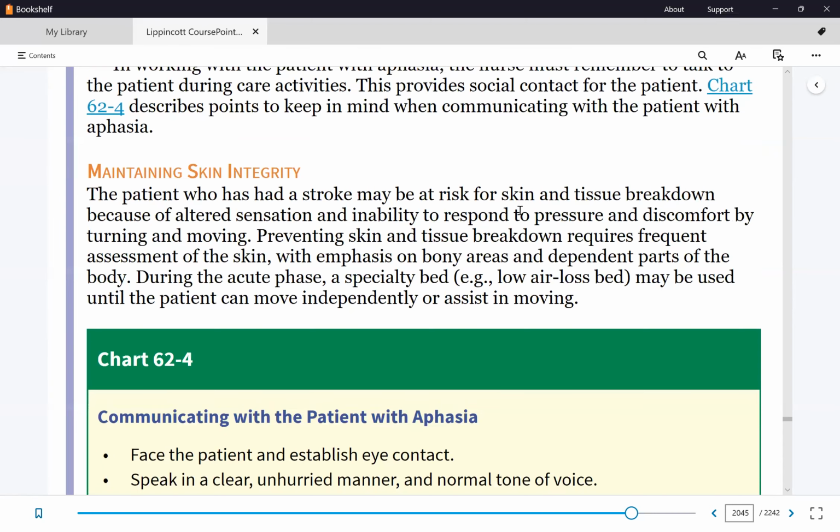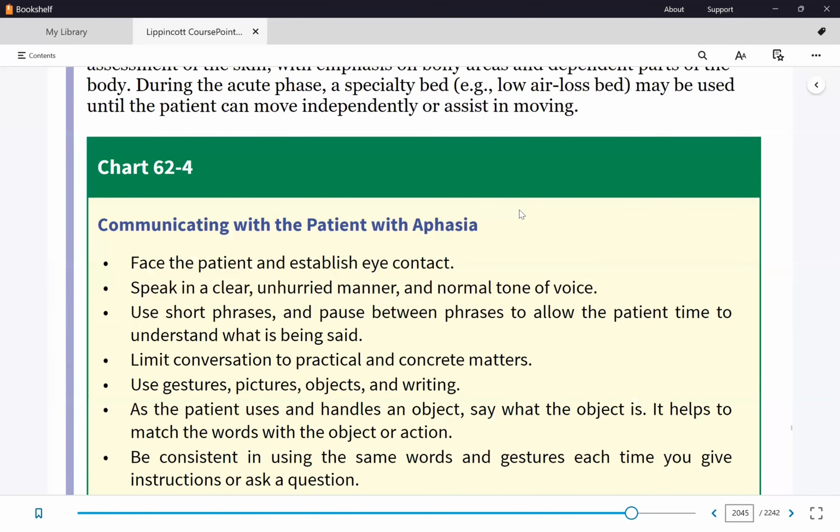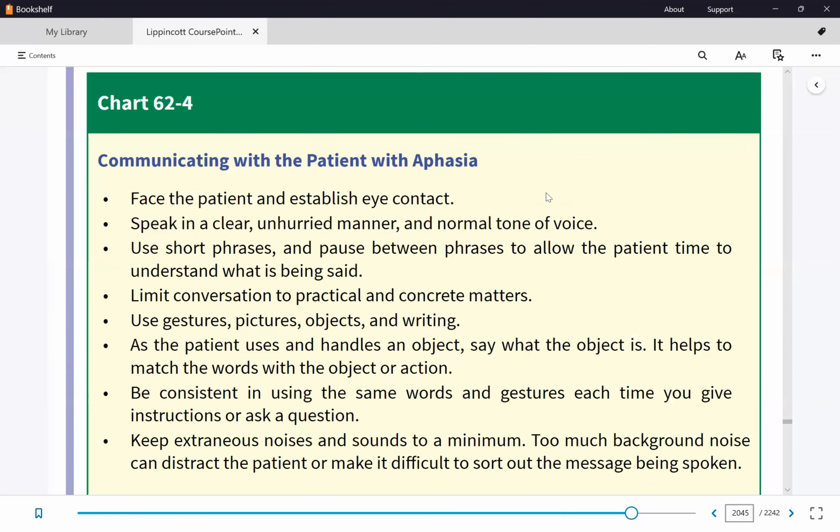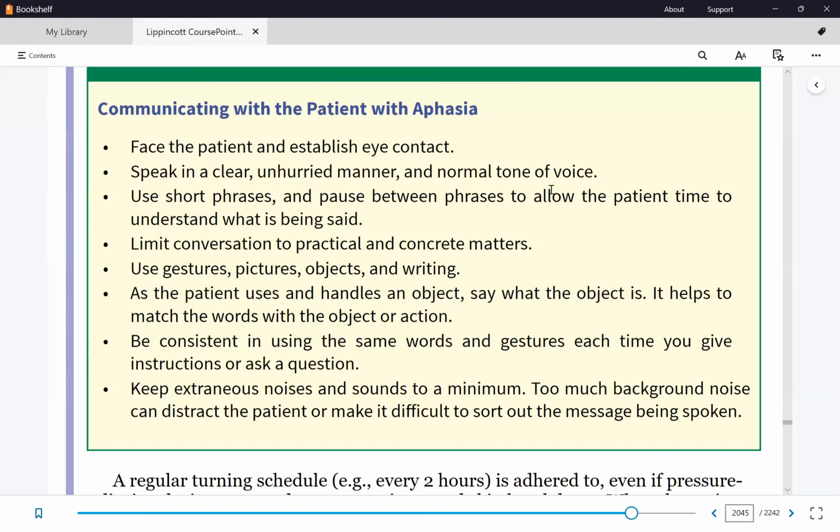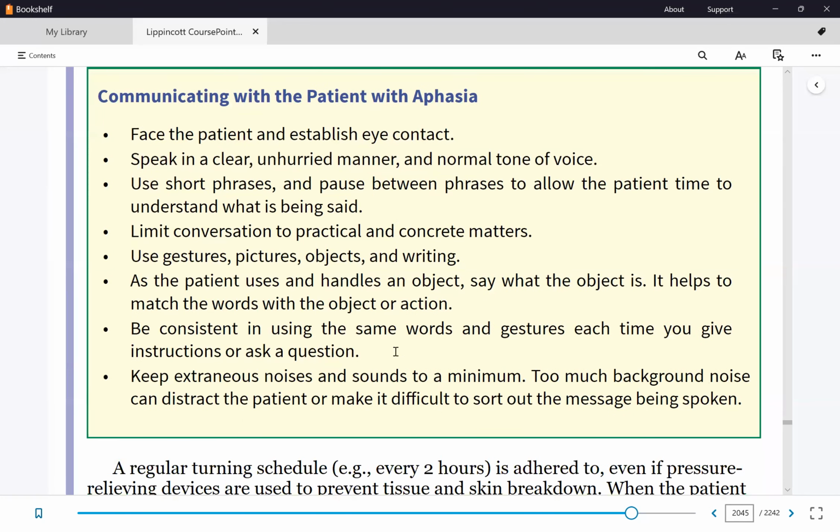You already know how to maintain skin integrity, I hope, turning, positioning. So here is how you communicate with patients with aphasia. Chart 62-4. I won't read it for you, but please take note of what communication aids and techniques you need to employ.